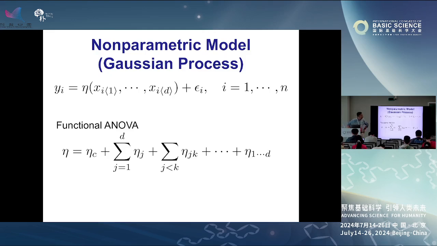In our research, we are not only interested in fitting this unknown function eta. We also want to do the so-called ANOVA decomposition. That is, we want to understand how each feature contributes to the final outcome. We can decompose this non-parametric function into this form, mathematically just using an averaging operator by imposing certain set conditions.